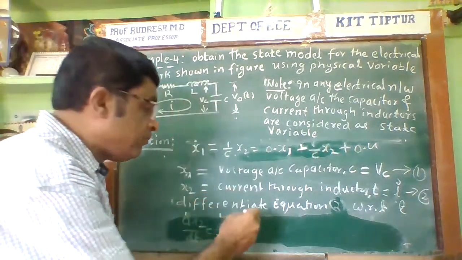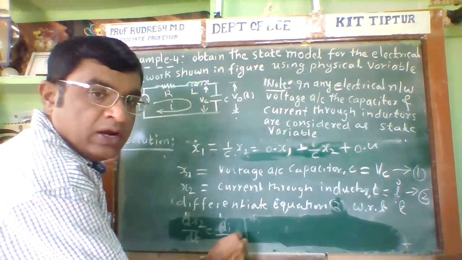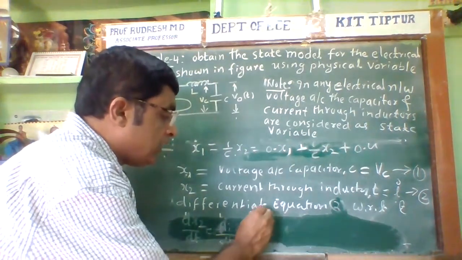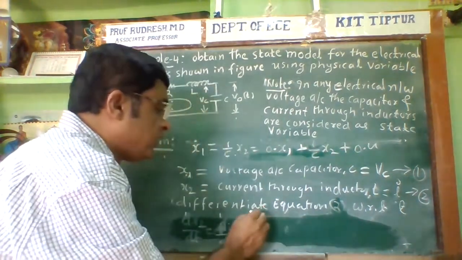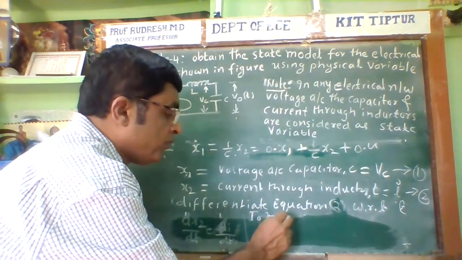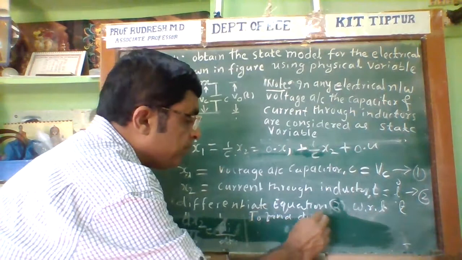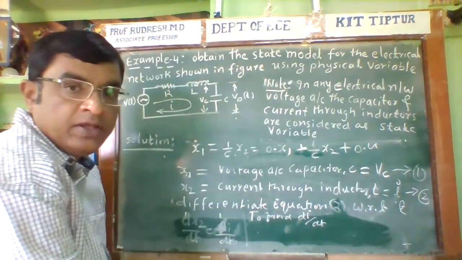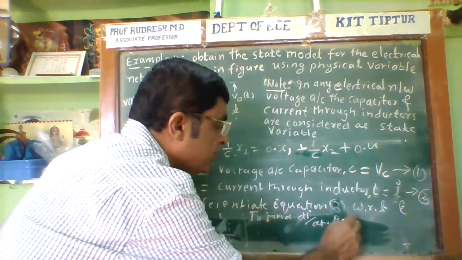To find di by dt, we need to calculate it by applying KVL.